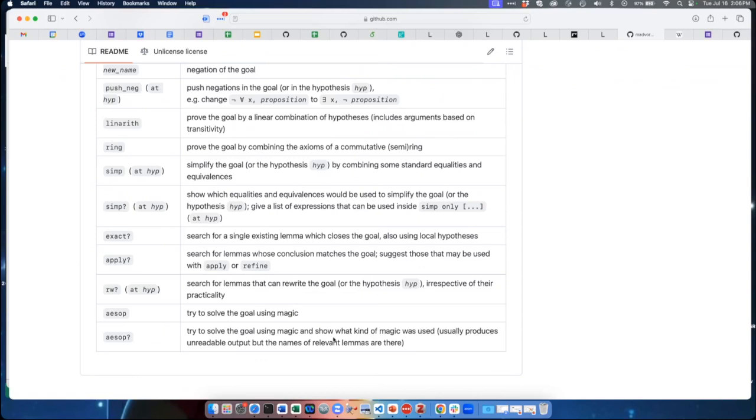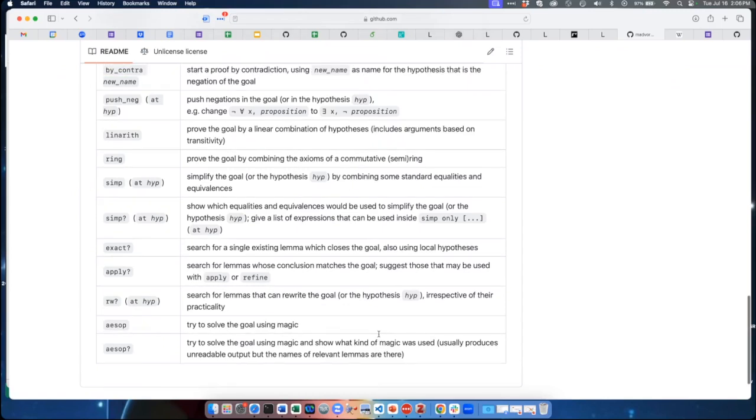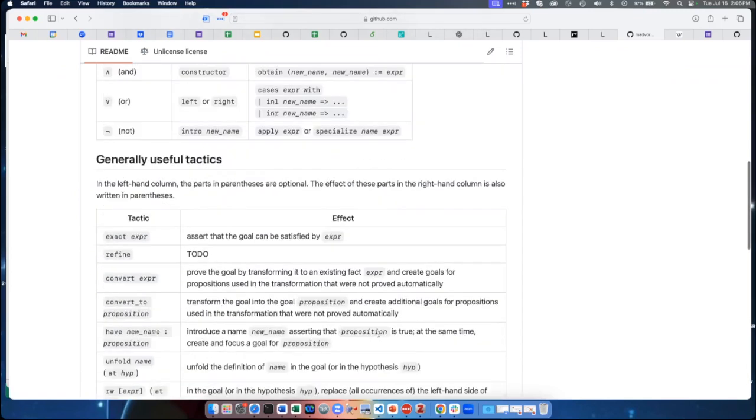Sometimes this is unreadable, but often it will highlight the names of relevant lemmas. So maybe you can look at those and say, ah, that's the lemma I was looking for. Now maybe I'm going to clean this up so I don't use the expensive magic spell. I can just write it simply using the useful lemma that it found and prove it myself. Okay, so that is one.